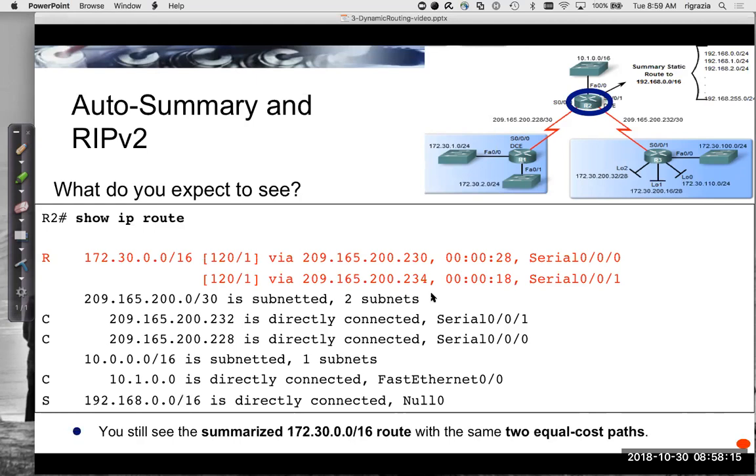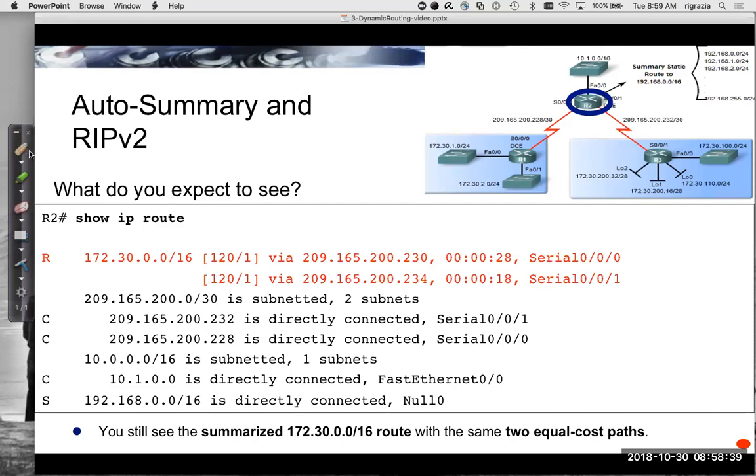It just sees a summary that it received, the same network address and subnet mask, or prefix length, 172.30.0.0/16, from both R1 and R3. So is this going to cause a problem?